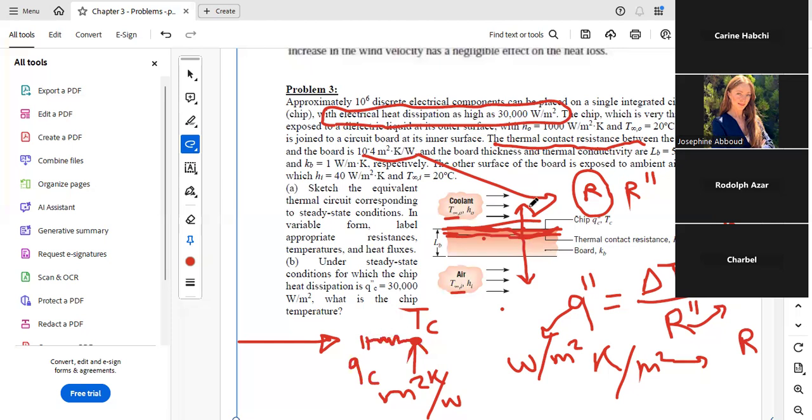Now, can you tell me, towards the outer side, what is the resistance only? What is the resistance towards T infinity out?